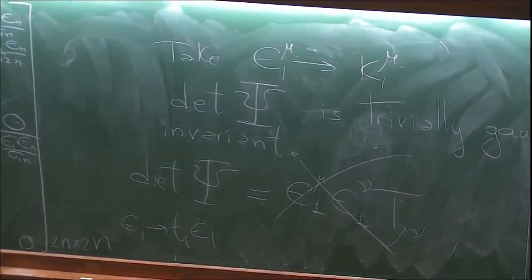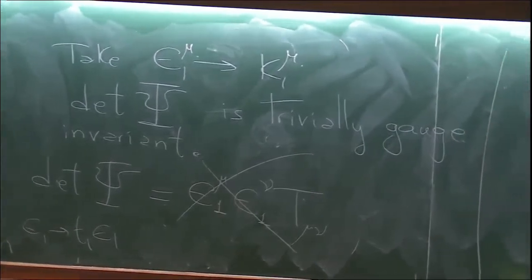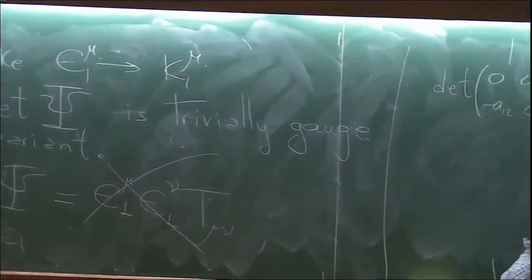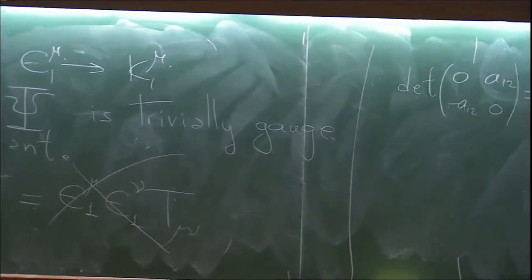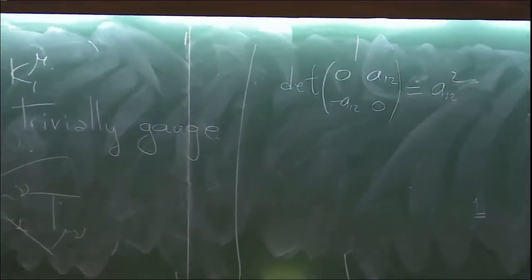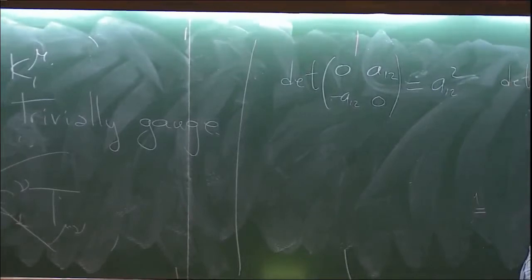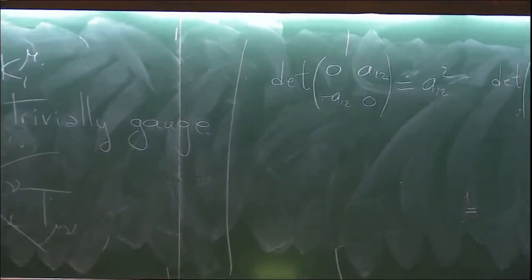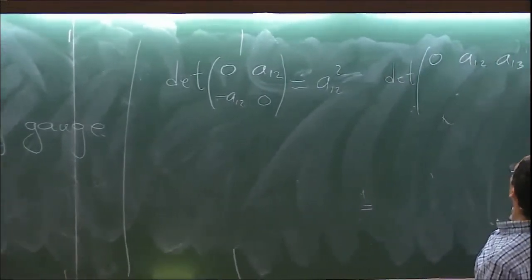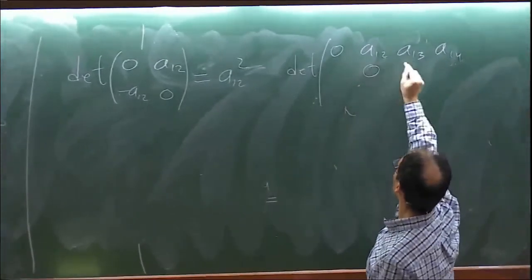But the matrix is anti-symmetric. So I'm sure this is something that you also learned in high school, that if you compute the determinant of an anti-symmetric matrix, you do it for something that is 2 by 2 and you get this answer. You do it for something that is 4 by 4.